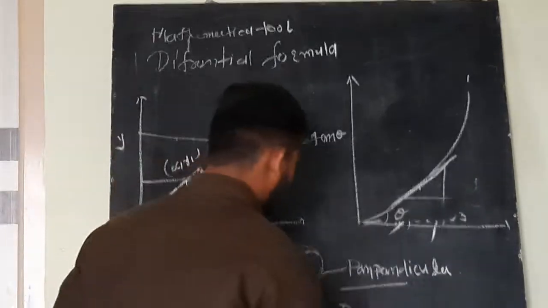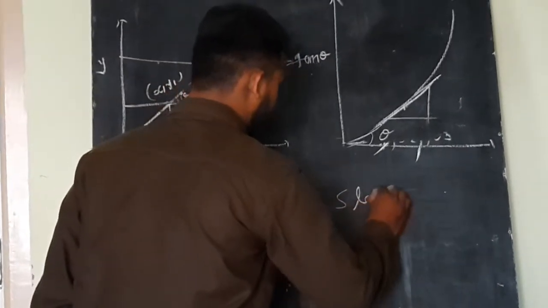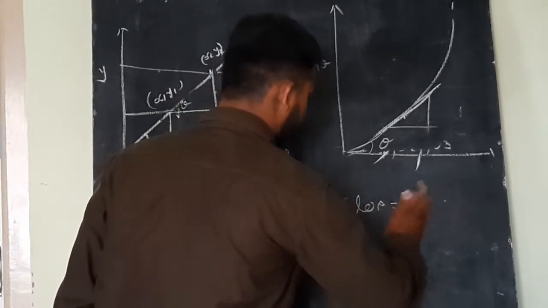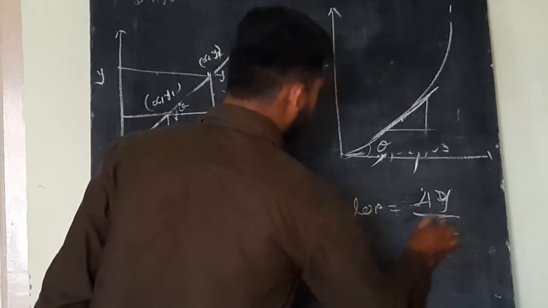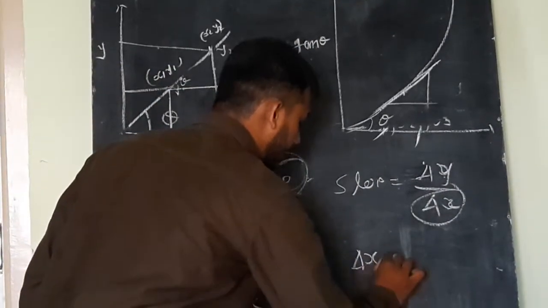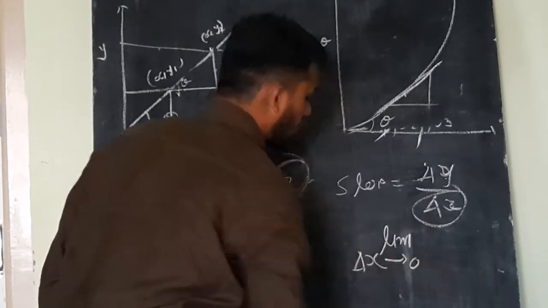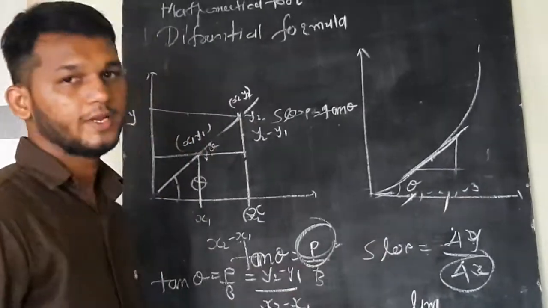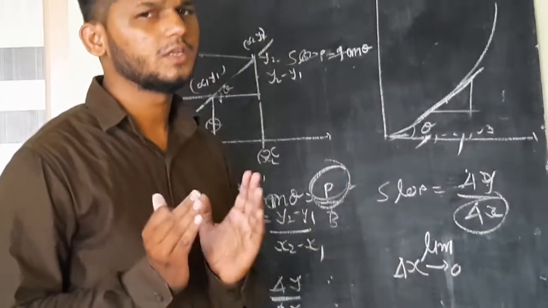So slope equals delta y by delta x, with the limit delta x tends to 0. Now, what is the limit? Limit means we have a limiting value.